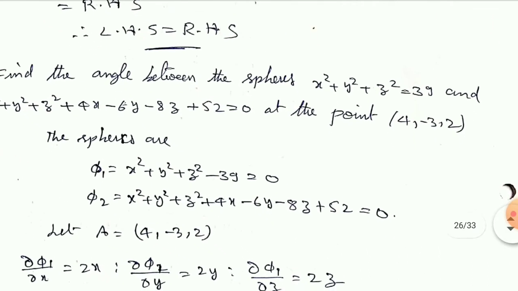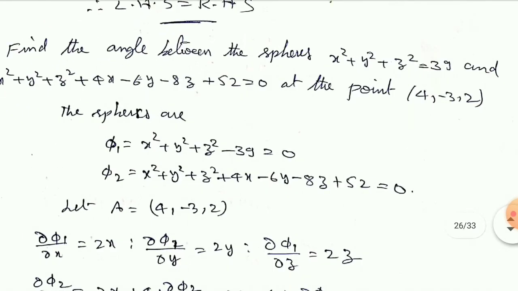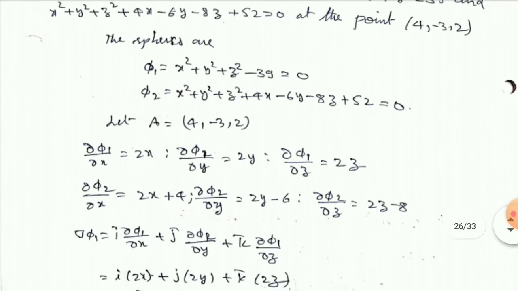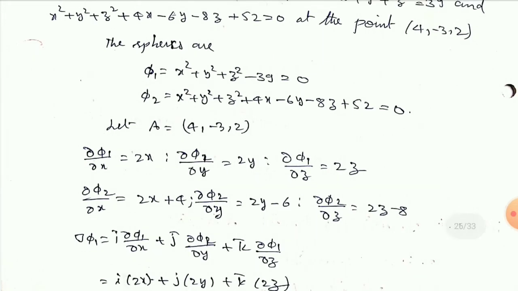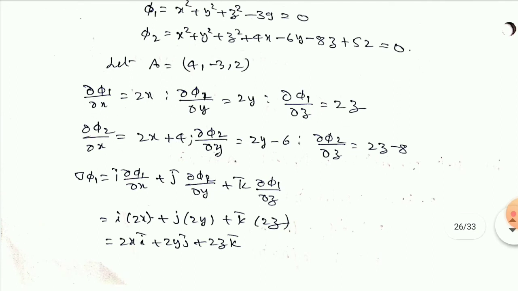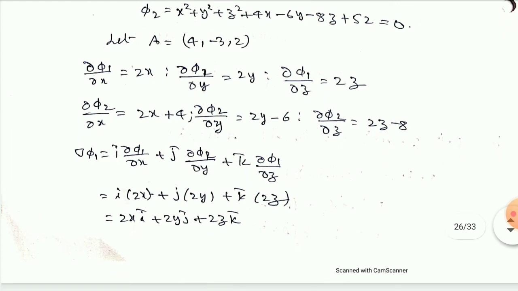Those scalars I am supposing phi1 and phi2, both at the same point (4, -3, 2). You calculate the gradient of the first scalar, del phi1, and the gradient of the second scalar, del phi2. For del phi1, the final answer is 2xi plus 2yj plus 2zk.